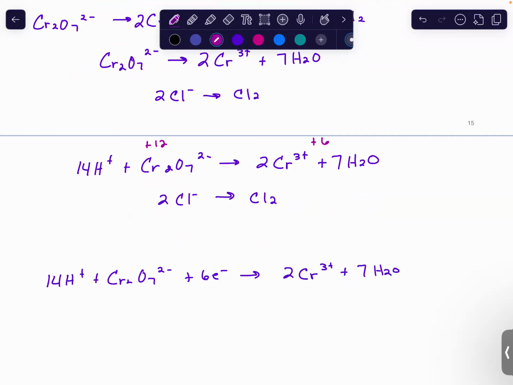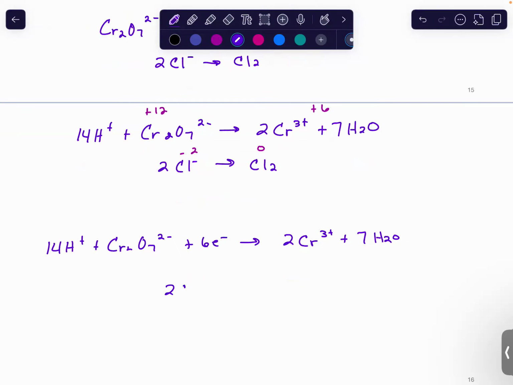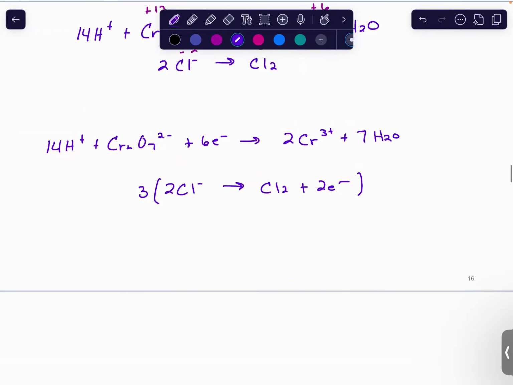Okay, and so then I have a minus 2 and a 0, which means the right is going to get 2 electrons. Now I have to scale these to make sure they have the same number of electrons. Well, that's easy because I can just multiply this one by 3 to get 6 electrons in both of them.